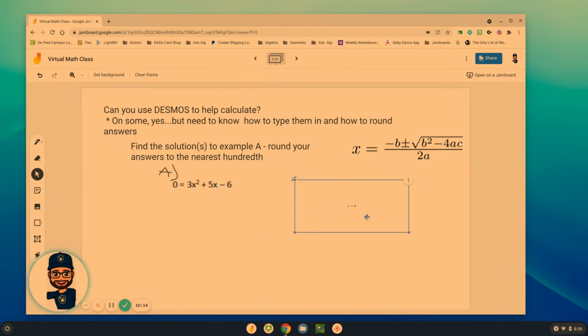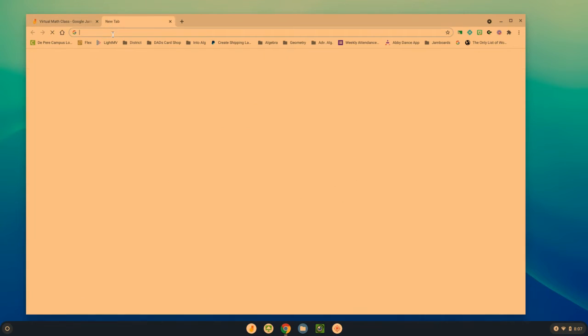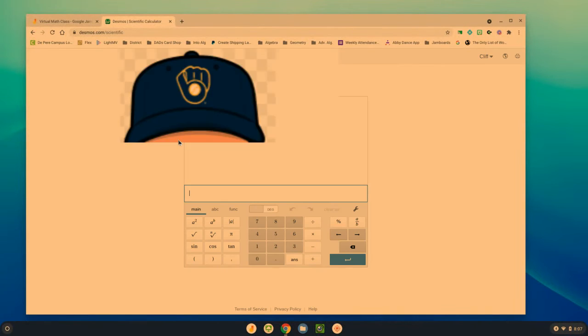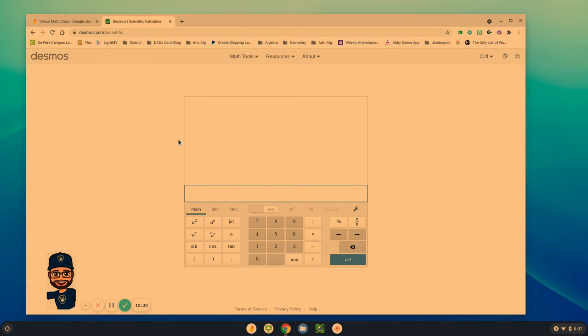And so what we need to do is go over to Desmos and actually punch that into their calculator. The first thing we want to do inside of Desmos is either hit the division symbol, or on your computer keypad, it's the question mark, that little dash, because it turns it into a fraction for us.